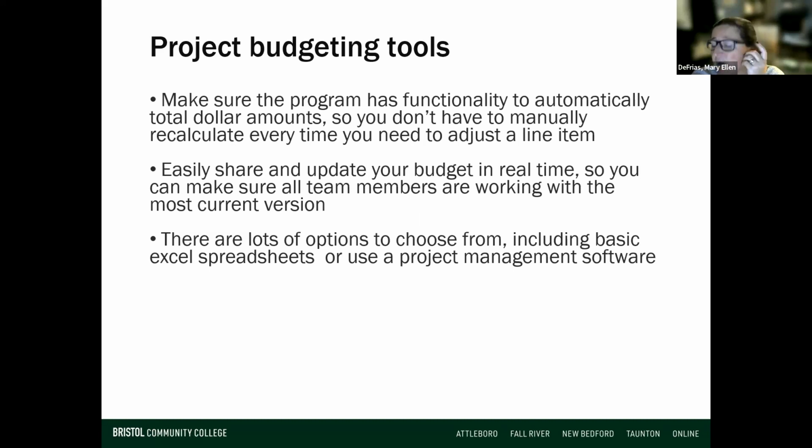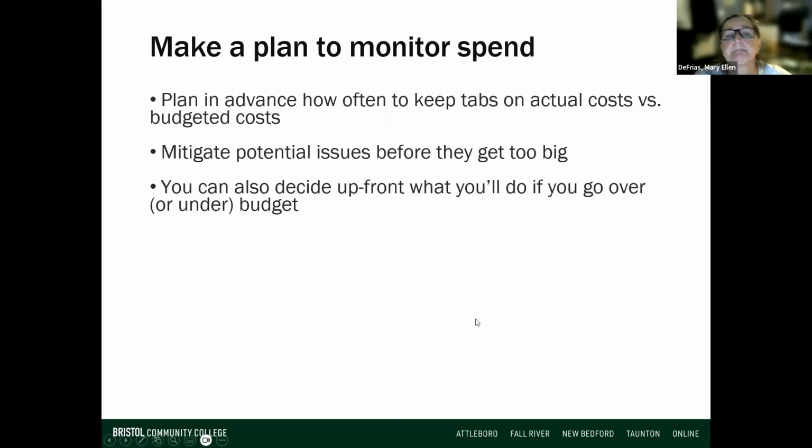There's also software out there that can help you. It is expensive, so I'm a big fan of an Excel spreadsheet. And, at a minimum, you probably want to get something like QuickBooks to manage your business expenses out of. And you want to monitor your spending, okay?